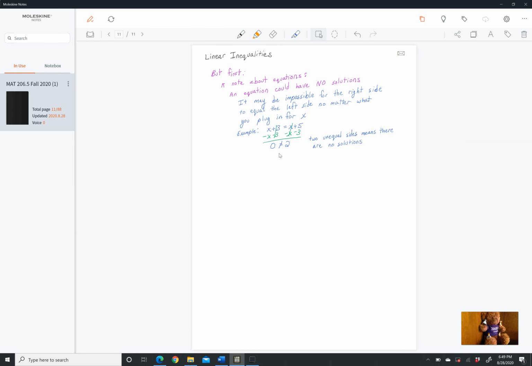So this is one example of an equation that has no solutions. No matter what we plug in for x, the left side will never be the same as the right side.